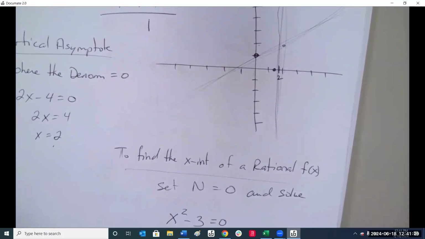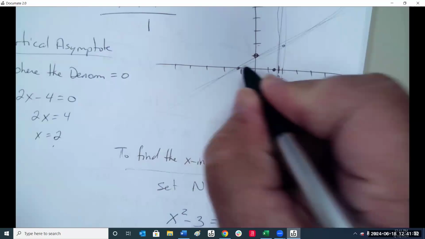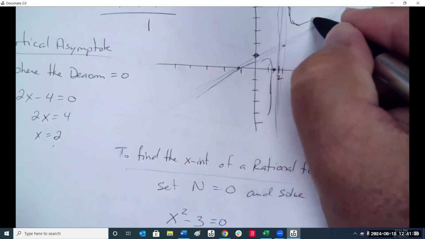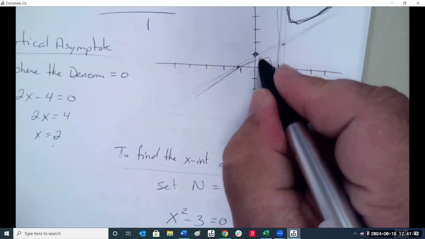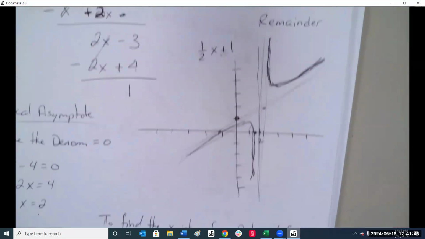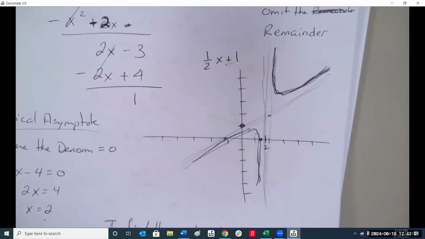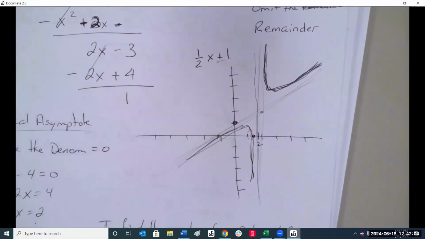And at negative radical 3. So the graph will look something like this. Of course, you plot some points and you'll get a better picture of it. So far, so good? Again, everything we've done so far is from algebra, except the limit parts.